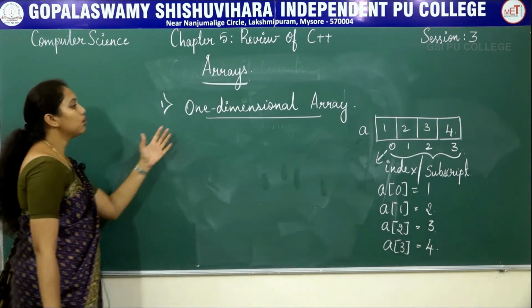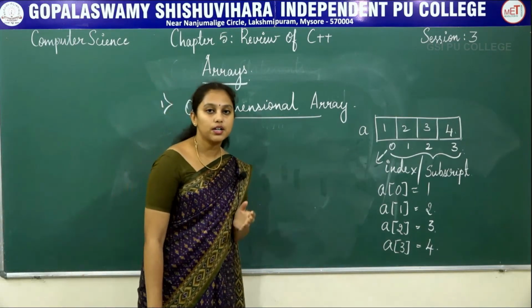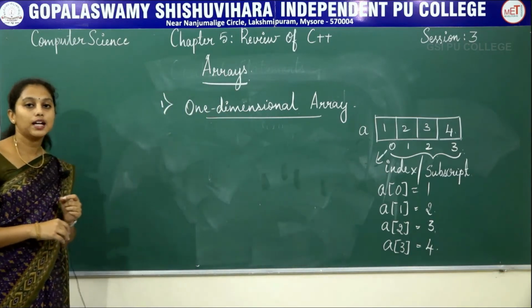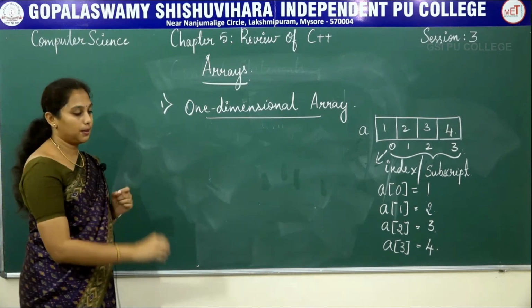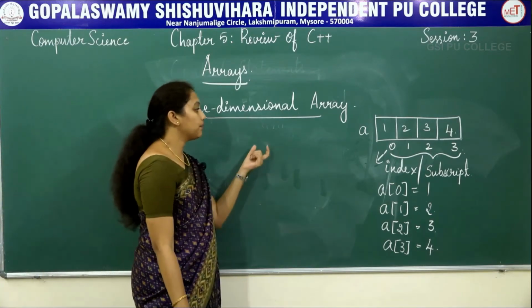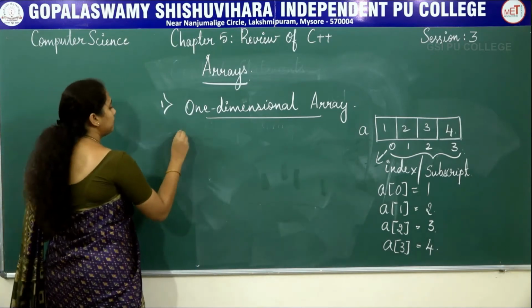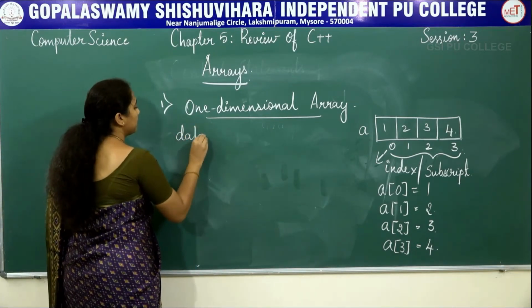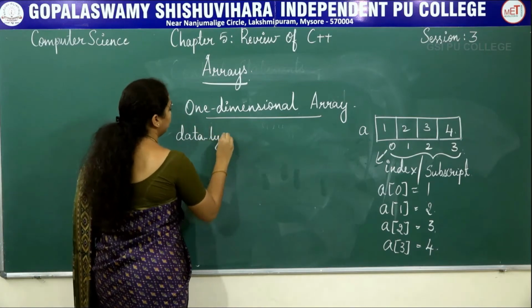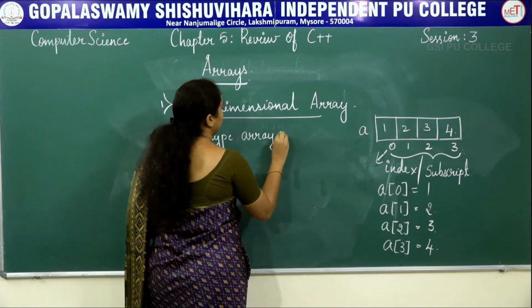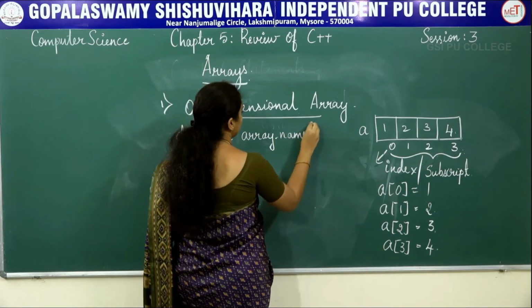So let's come to the one-dimensional array. It is an array in which each element is accessed using only one subscript. What is the declaration syntax? Data type, array name, size.